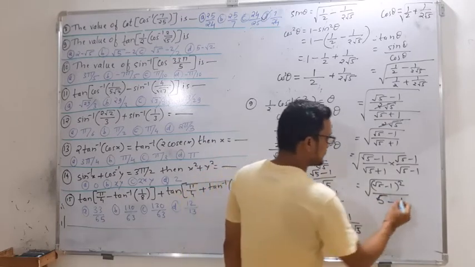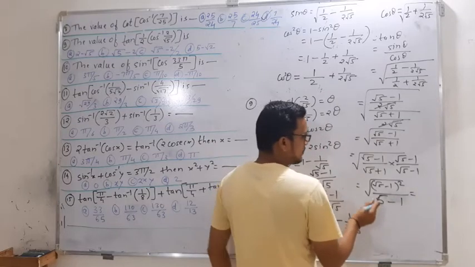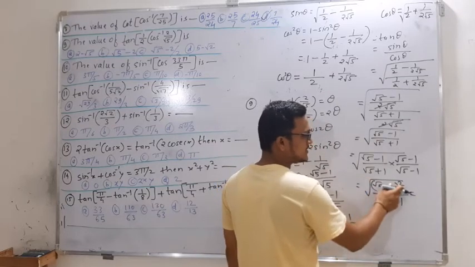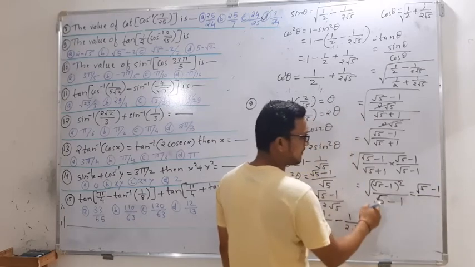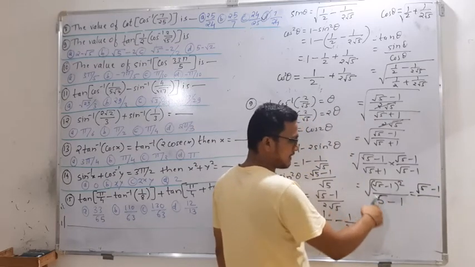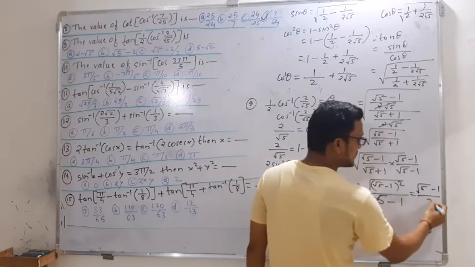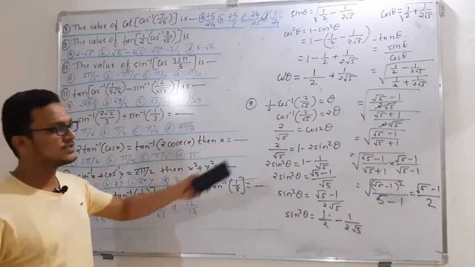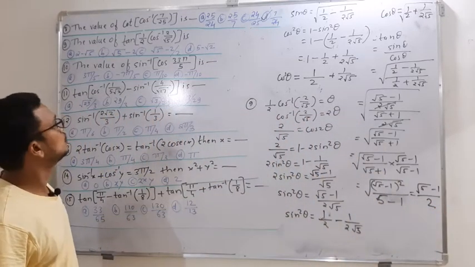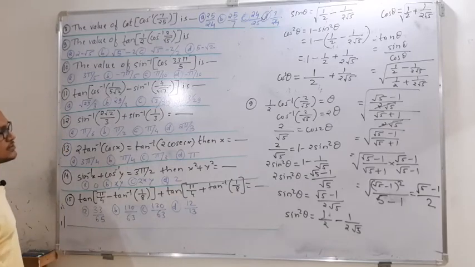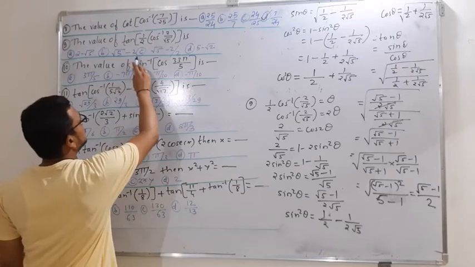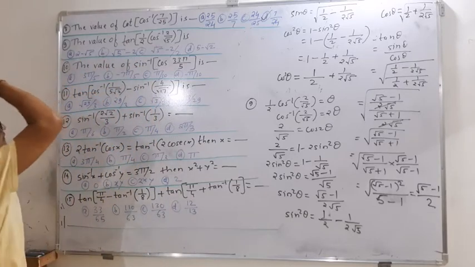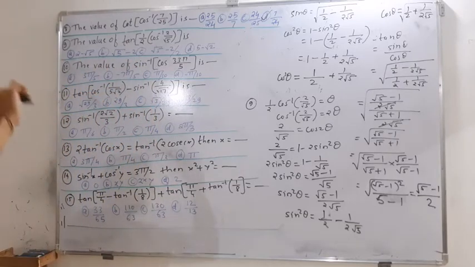If you observe, this square root and this square get cancelled, left with root 5 minus 1 divided by 5 minus 1, which is 4, and the square root of 4 is 2. So the answer is root 5 minus 1 divided by 2. Just check, do we have that option? Yes, I think root 5 minus 1 divided by 2 it is.